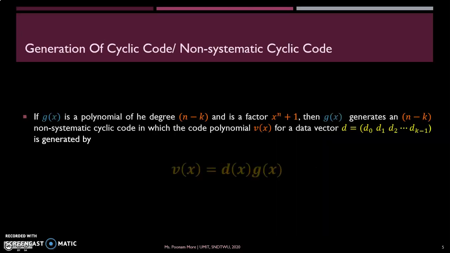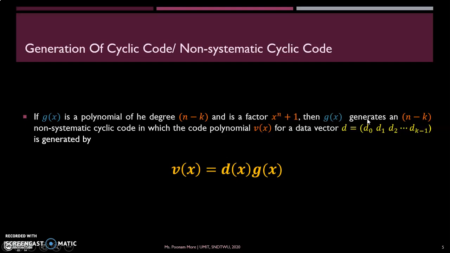The generation of the non-systematic code vector is done by considering a generator polynomial of degree n minus k, which is a factor of x raised to n plus 1.